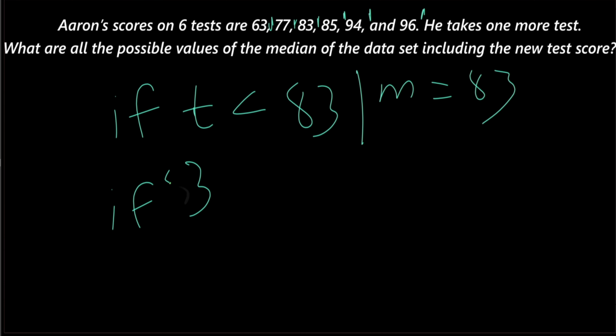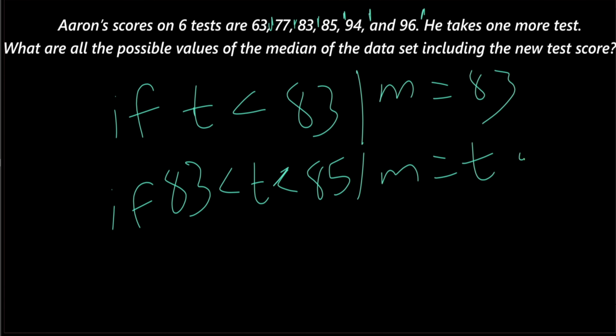Let me just rewrite that. If t is greater than 83 and less than 85, then what could t be? The median would actually be equal to t, or 84. Because when t is in the middle, t is the middle number, it is now the median.